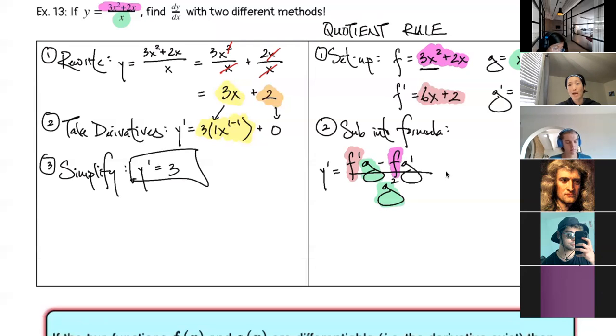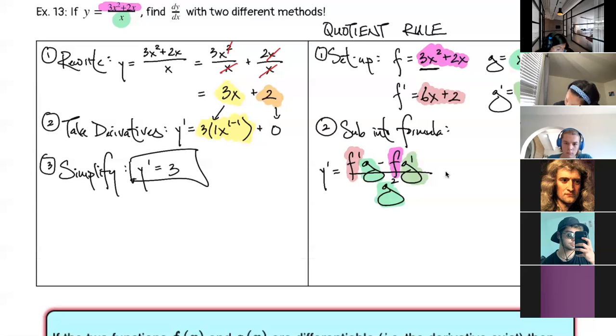And if you think about what x looks like, and you're drawing that line, it's going to be a rise over run of 1. Okay. So let's pick a lovely color for that one. Okay. So we've got f prime g minus fg prime over g squared.